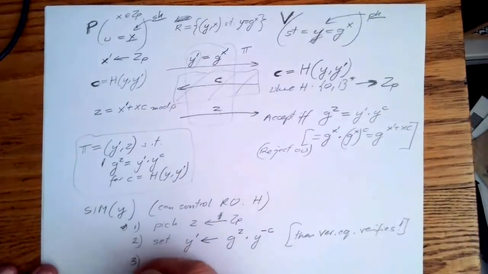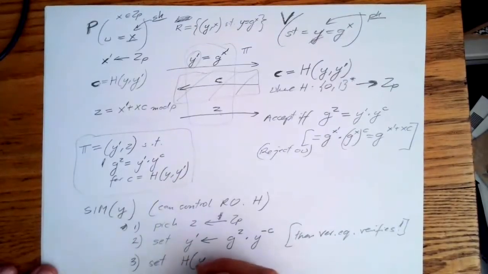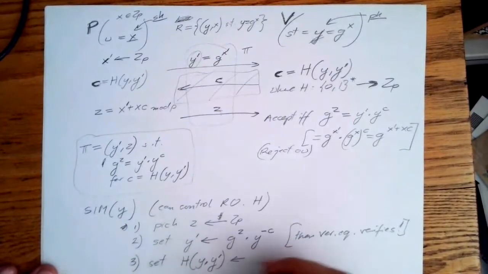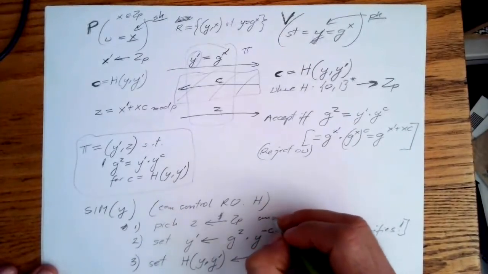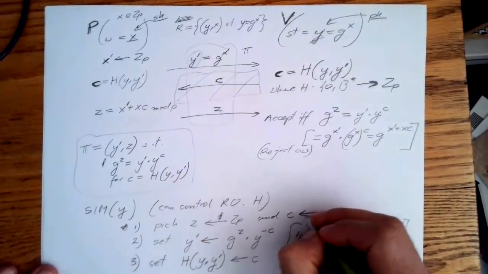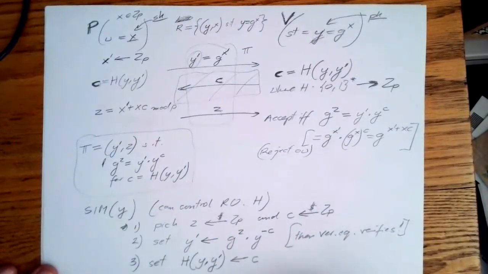And finally, set the random oracle output on inputs y and y prime to be c. Sorry, so pick z, and pick c at random in Z_p. Okay.